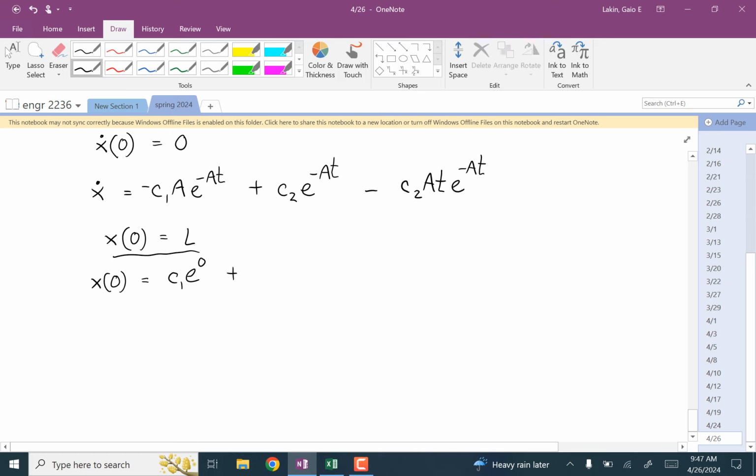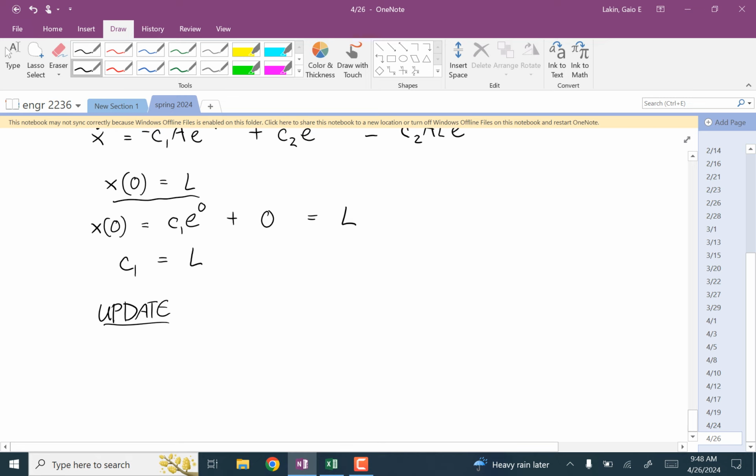And so this is equal to L, so C1 is equal to L. And then I'll update this function. So we have x as a function of time equal to L e to the negative at, plus C2 t e to the negative at.